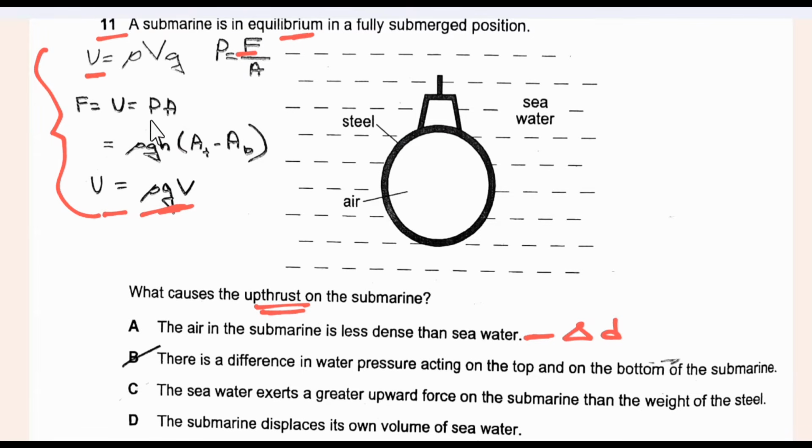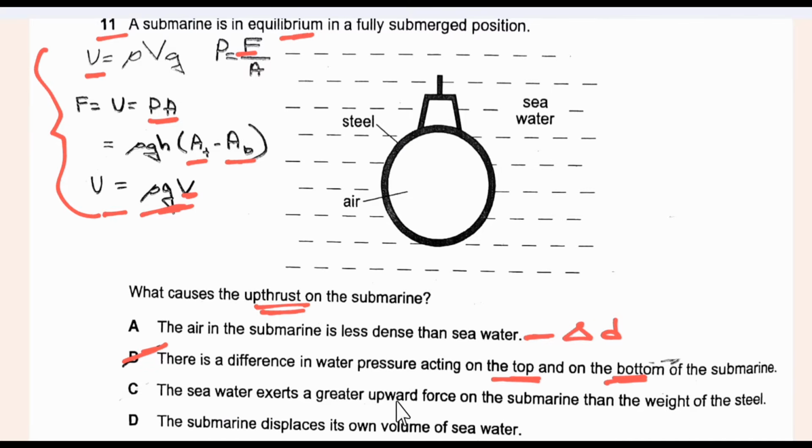Pressure into area is the upthrust, that is rho V g. The difference in water pressure at the top and at the bottom involves the area of the top minus the area of the bottom, and height gives the volume, so upthrust is equal to rho V g. So this statement is correct.